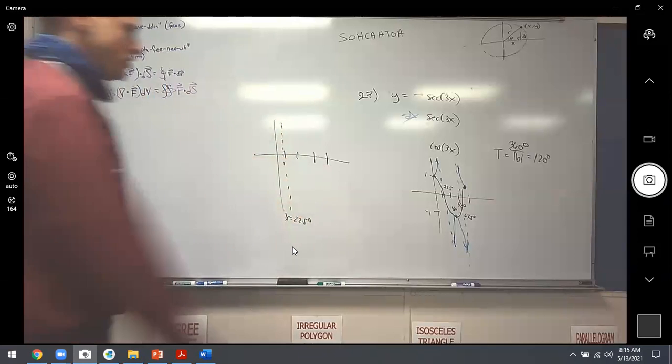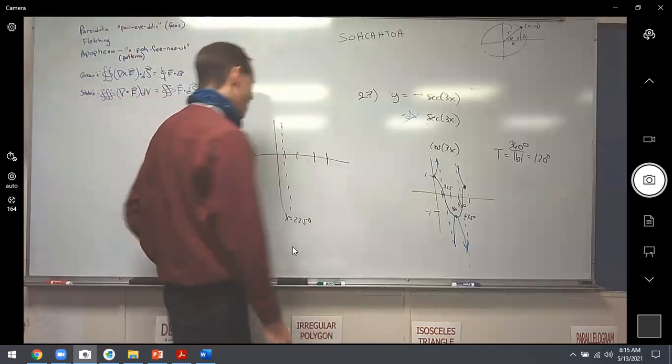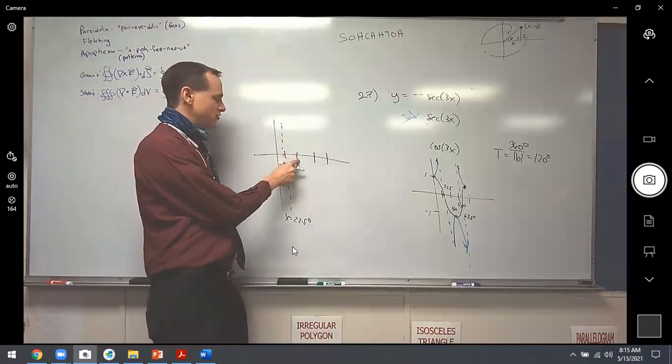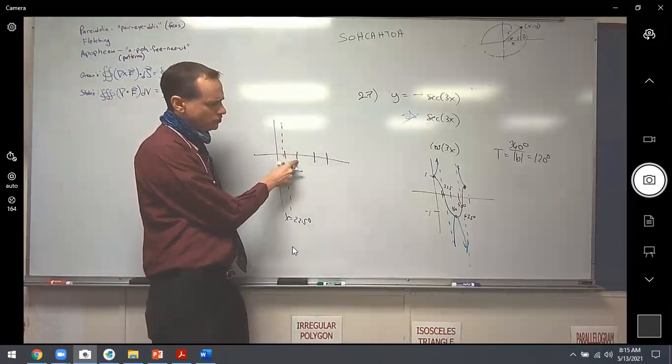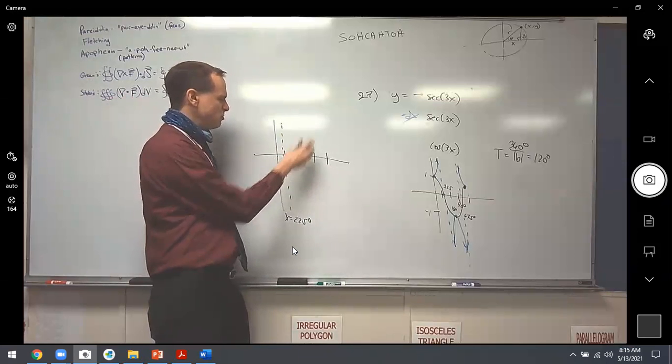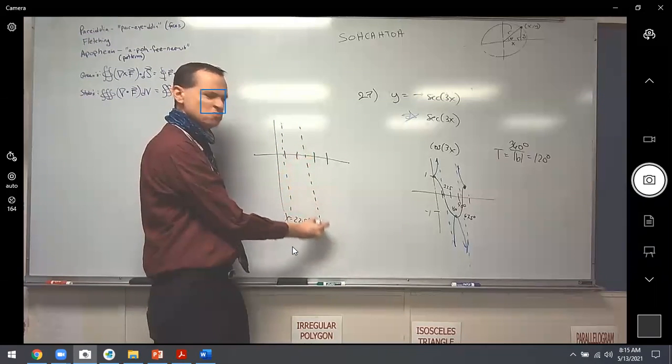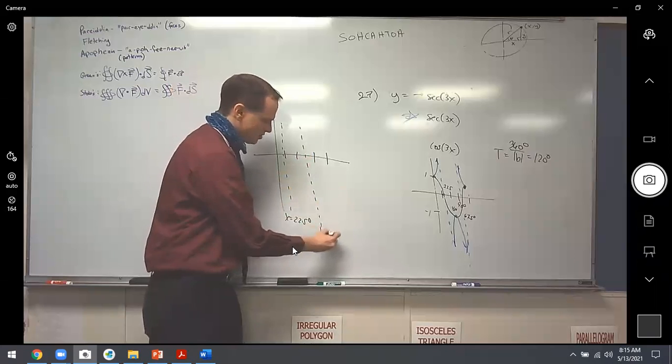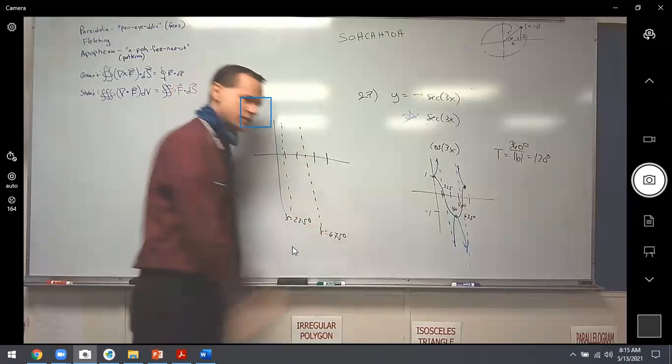We said there's another vertical asymptote at 67.5. This is 30. This is 40 or 60. No, wait, this is 30, 60. So wait a minute. What am I doing? Let's go up by 30s, right? Yeah. So 30, 60, 67 would be here-ish, something like this. So x equals 67.5 degrees. Good to know.